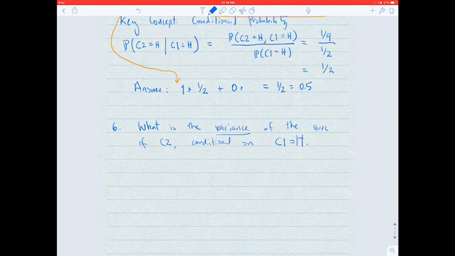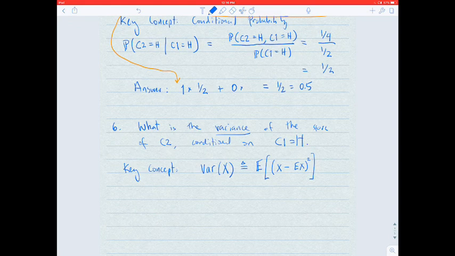Okay, so what we need to recall here is that the variance of a random variable x is defined as the expected value of x minus the expected value of x, squared.